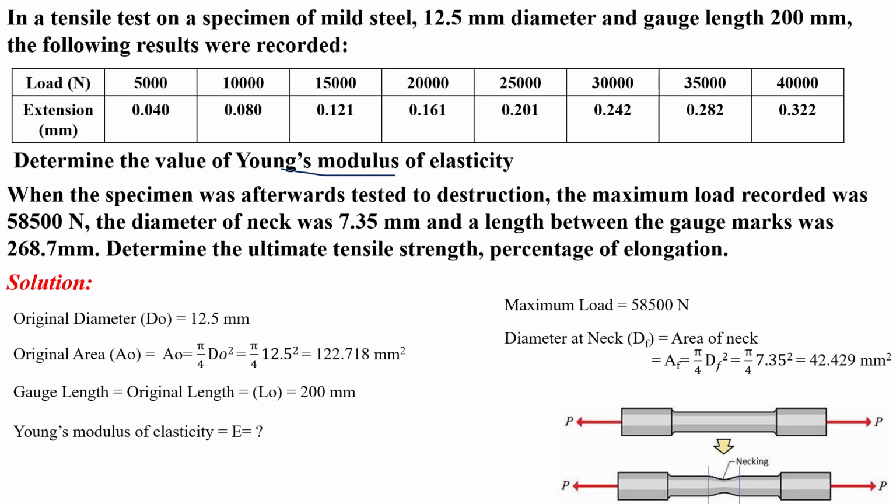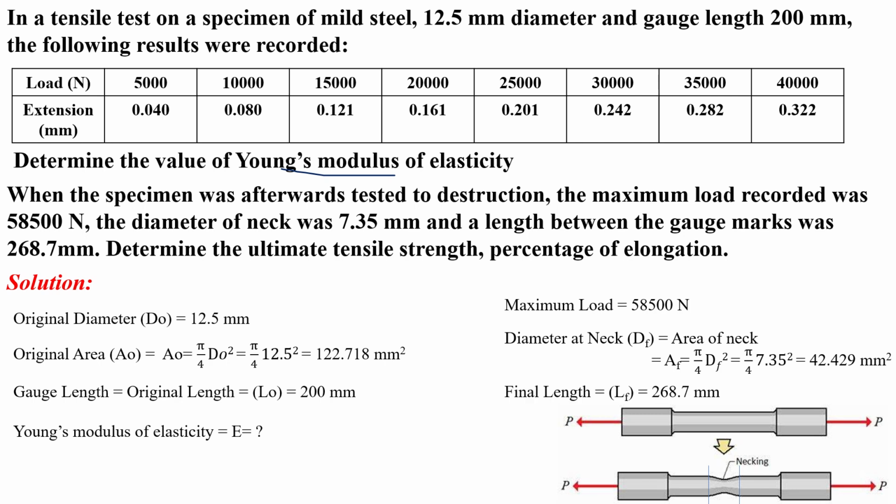Then area of the neck AF equal to pi by 4 DF square. So it is pi by 4 into 7.35 square, and so the final area equals 42.429 mm square.